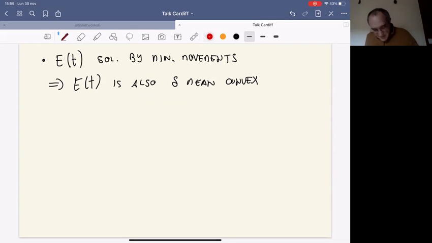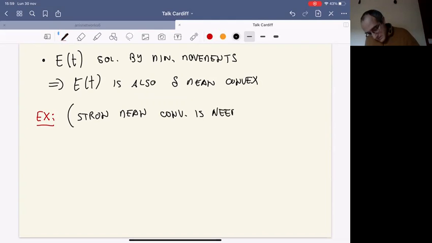But there is an example for which essentially strong mean convexity is needed. For C^{1,1} it is the same, for smooth sets it is the same; the two notions coincide.